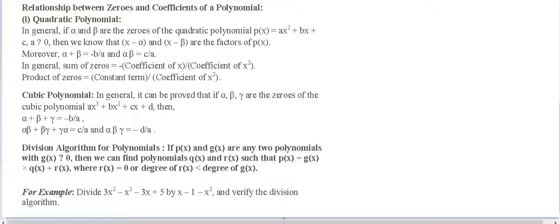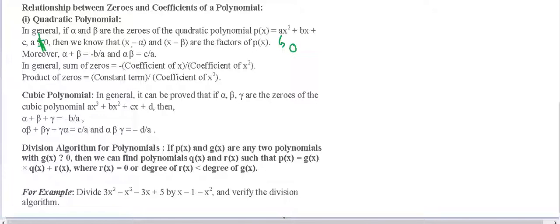So in general, if alpha and beta are the zeros of any quadratic equation where a is not equal to 0, here a should not be equal to 0, because if a becomes 0, this will not be a quadratic equation. It will become a linear equation, so a must not be equal to 0.